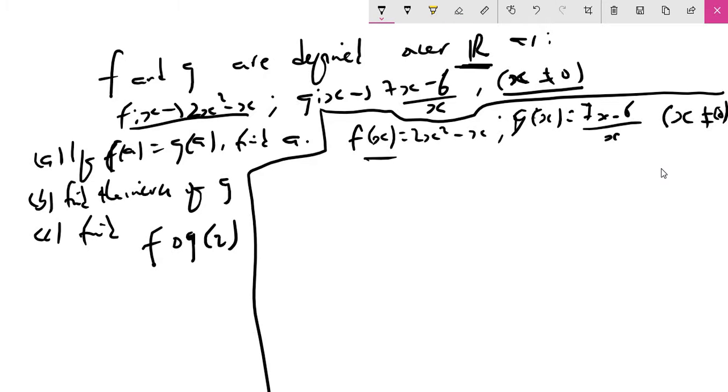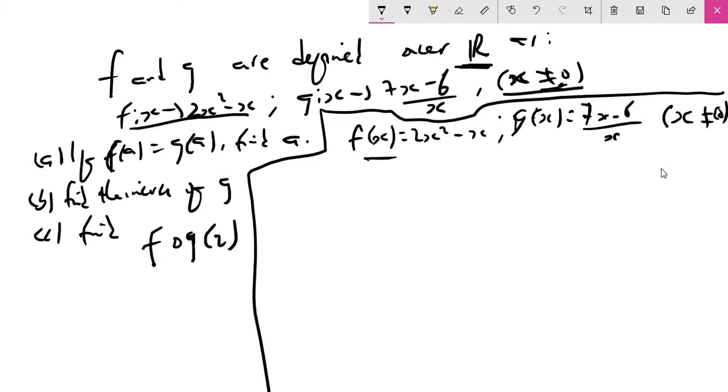By the way, very soon we'll be solving questions that require us to find the number that will make a function undefined. In this particular case, they already found that 0 will make this function undefined. So they are telling us that we shouldn't substitute 0 here, otherwise we'll get an undefined. Okay, so let's go ahead and solve this question.